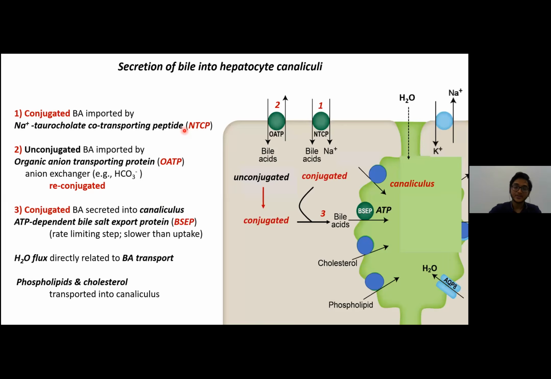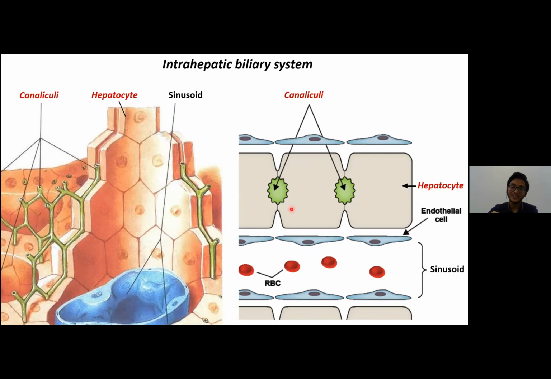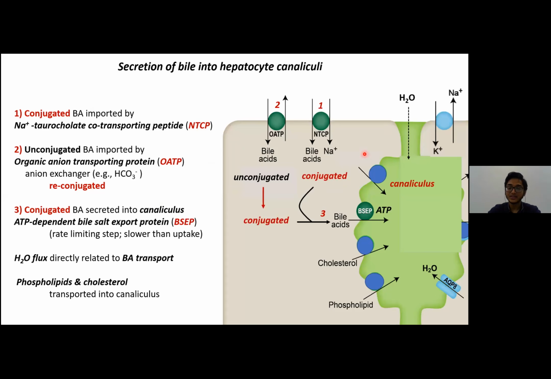Okay. Now, again, this is basically the canaliculi. That slide is basically showing the same image but magnified. So this is the hepatocyte. This is the canaliculi. Again, this is the hepatocyte. This is the canaliculi. This slide, I know some people get confused in GI because of transporters and stuff. You don't need to know much from this slide.